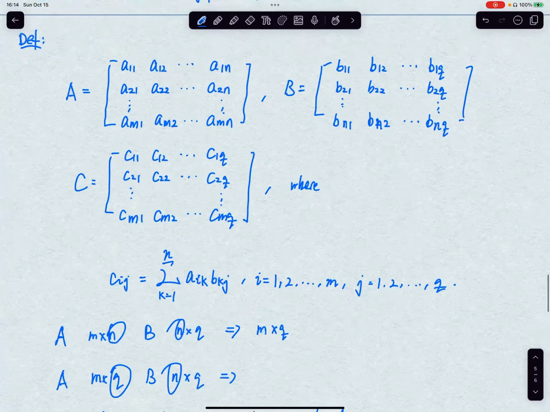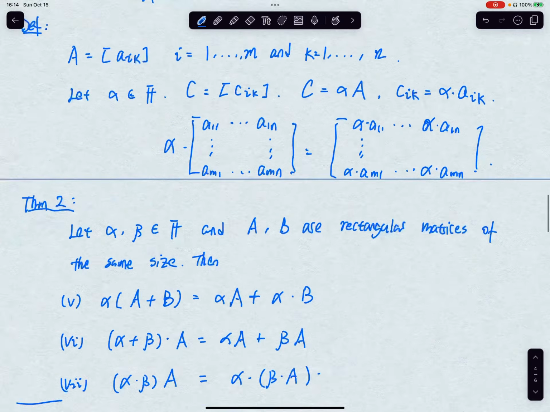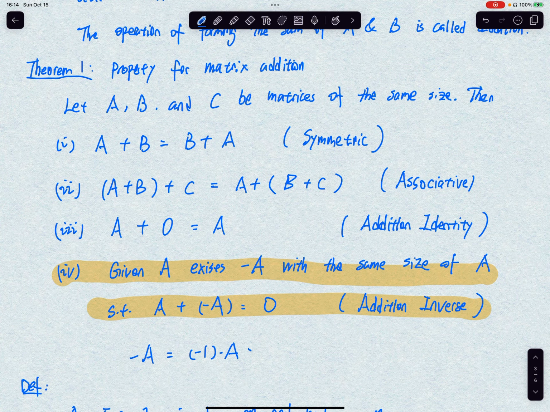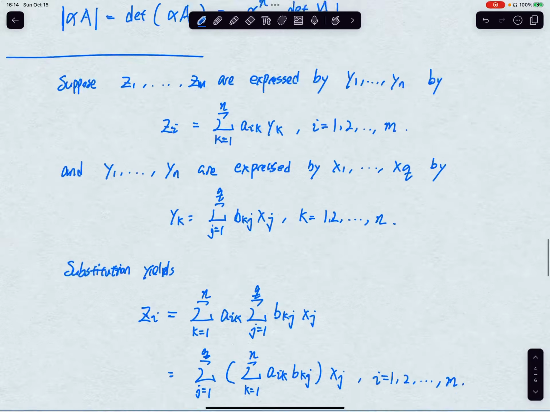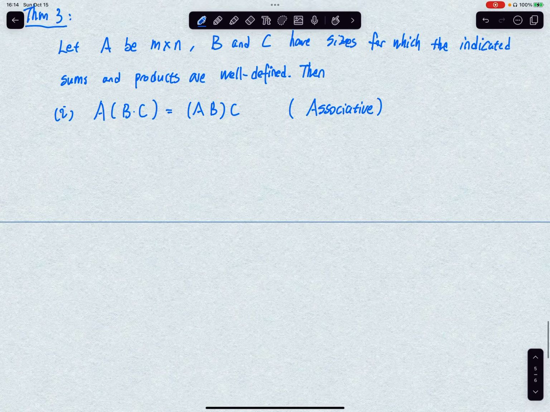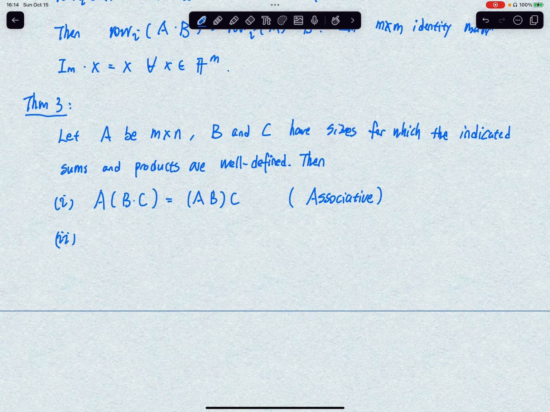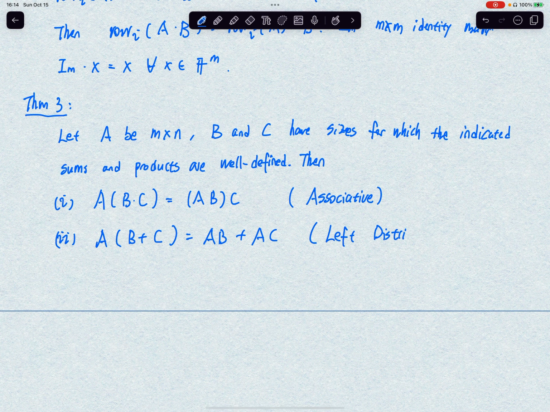And note that in matrix addition, the first result is the commutative property. But this is not the case for multiplication. That is, AB is not necessarily equal to BA. The second result is that A(B plus C) equals AB plus AC. So this is called the left distributive law.